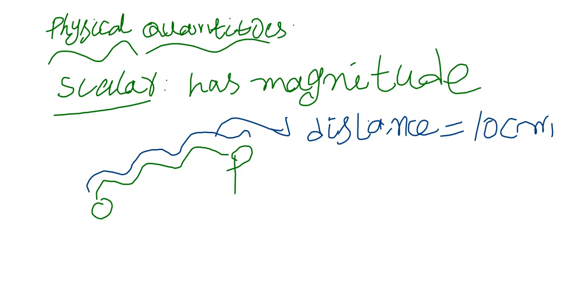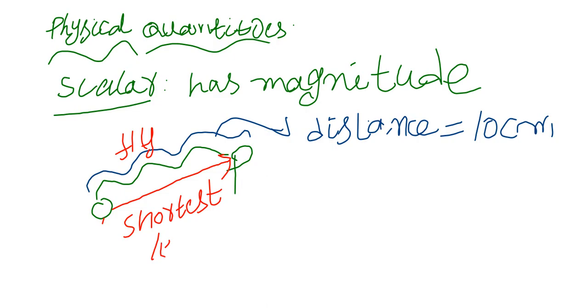Here the object displaces from O to P. So the shortest distance traveled by the fly, the shortest length traveled by an object, is displacement.